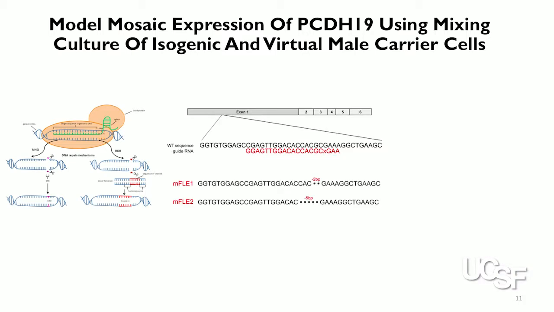We used male control cells and a guide RNA to introduce indels, triggering loss of function of PCDH19 at this locus. The power of this approach is that we have an isogenic control where we generate the mutant, so we are looking at the same genetic background in the mutant and control cells.